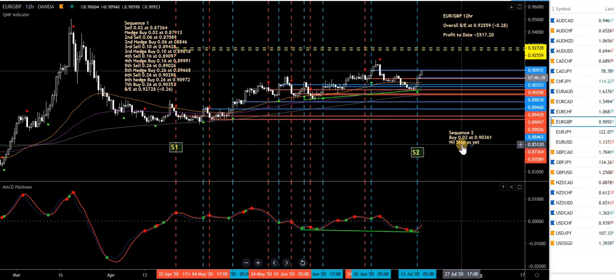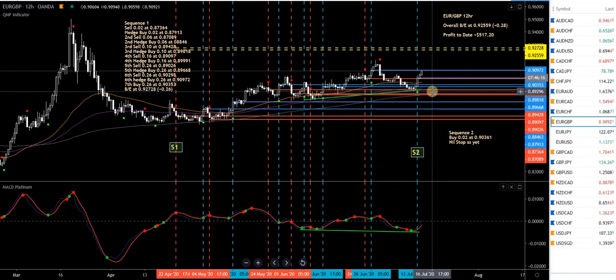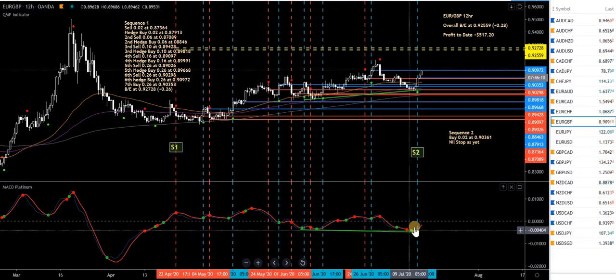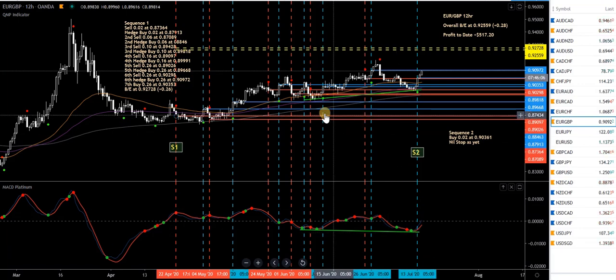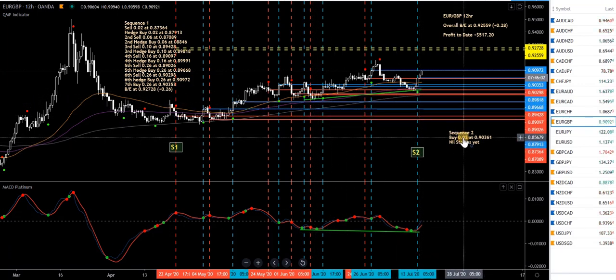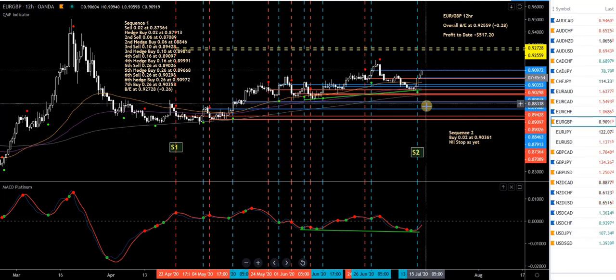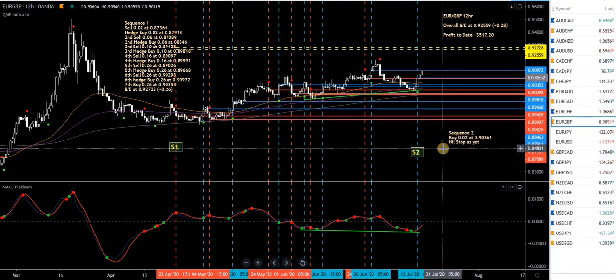I probably didn't write any notes there, but there is a hidden bullish divergence there. You can see lower lows just on the oscillator or the MACD Platinum, and higher lows on price. I should have written that in on sequence 2. I'll write that in after. So yeah, that just gives me a bit more confidence. I like my hidden divergence.